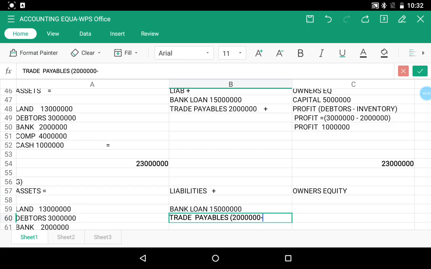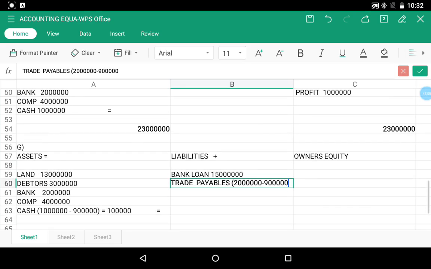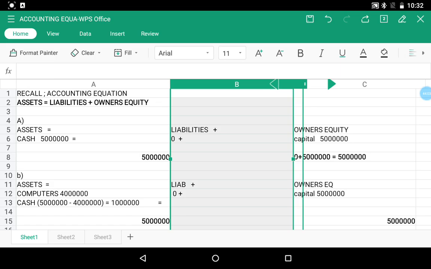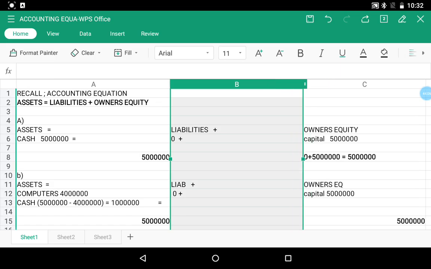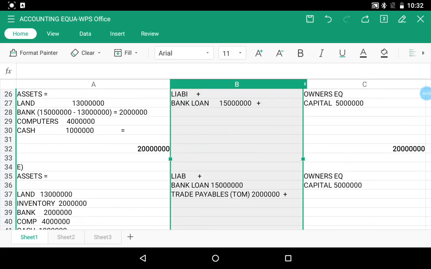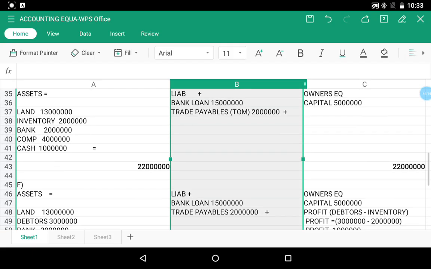We reduce 900,000, the one they cleared, from the 2 million.